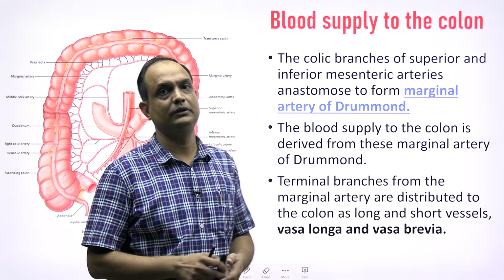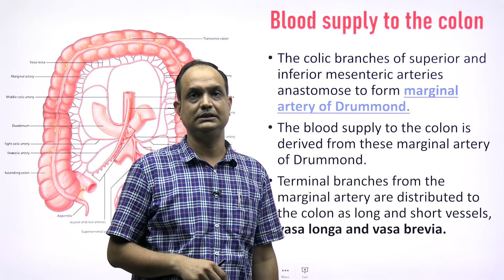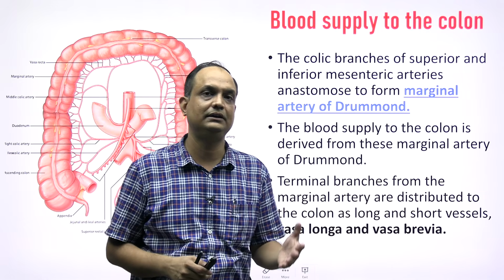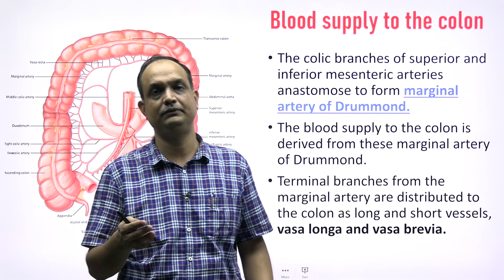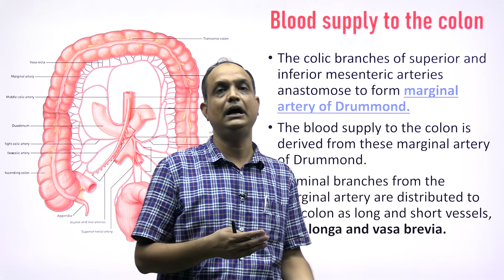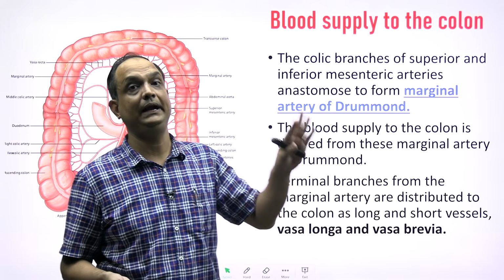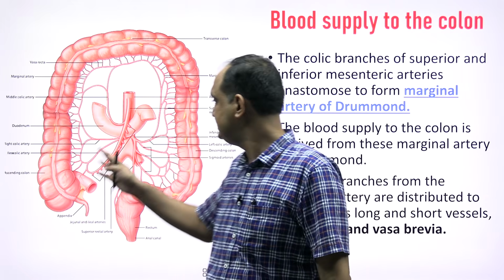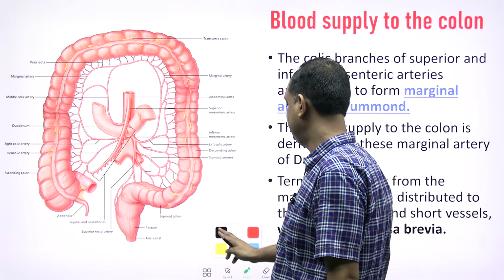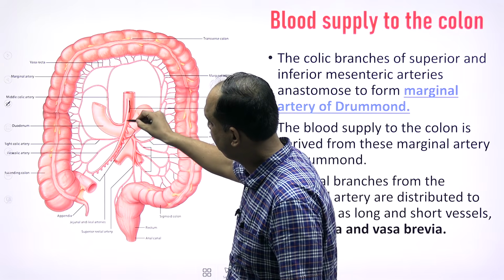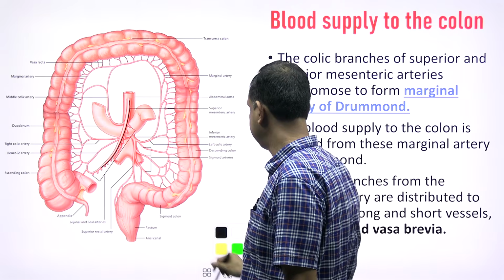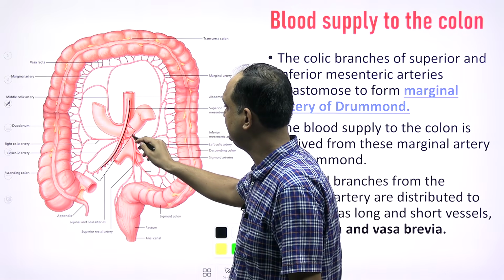Now what about the blood supply of the colon or large intestine? As I already told you, the derivatives of the midgut receive blood supply from the superior mesenteric artery and the hindgut receives from the inferior mesenteric. But there is a pattern to the blood supply. Here in this image you can see the superior mesenteric artery and the inferior mesenteric artery.